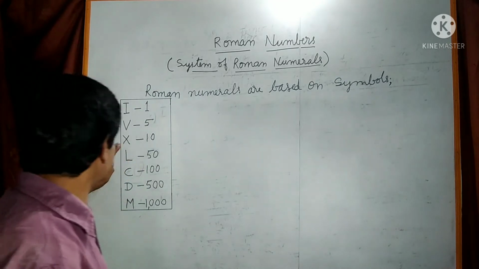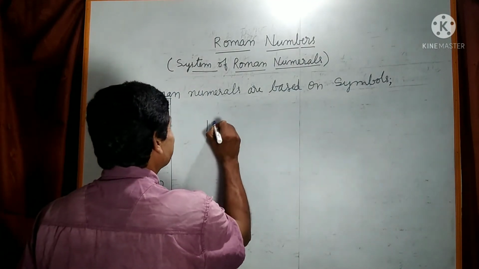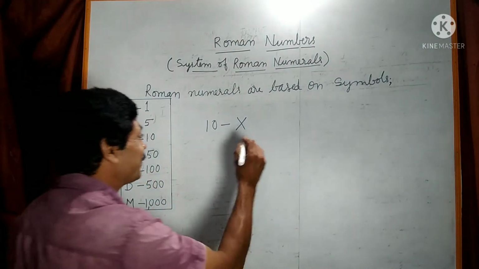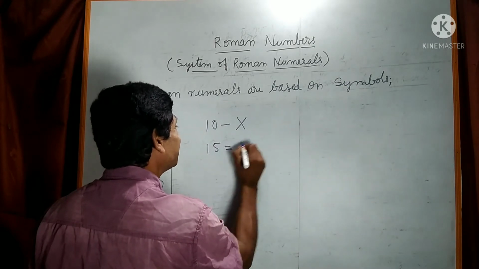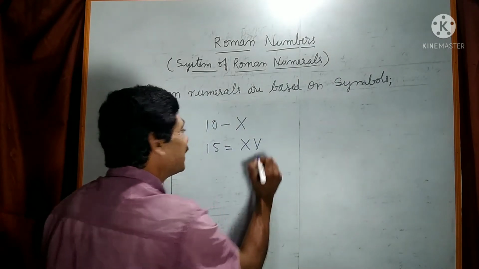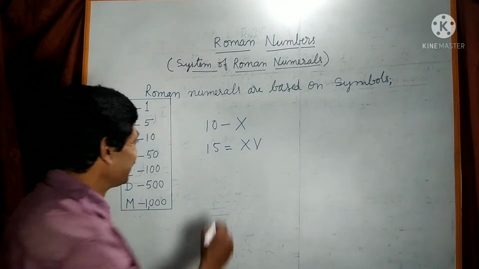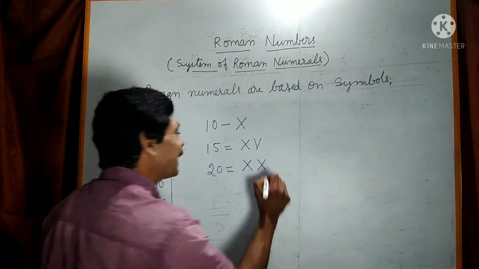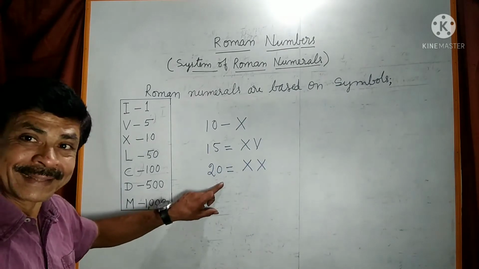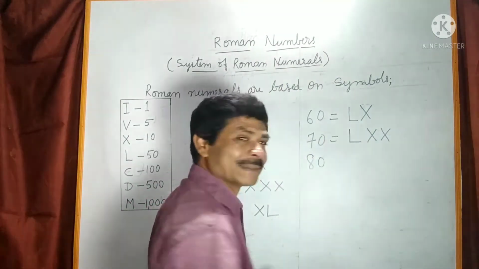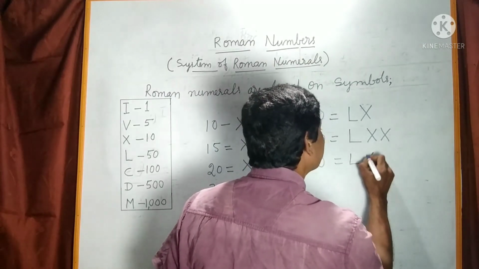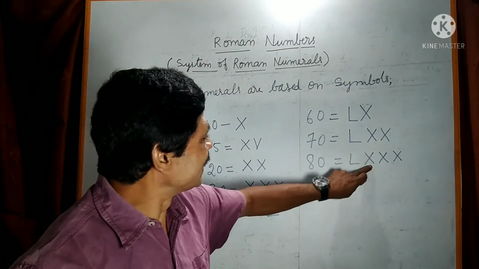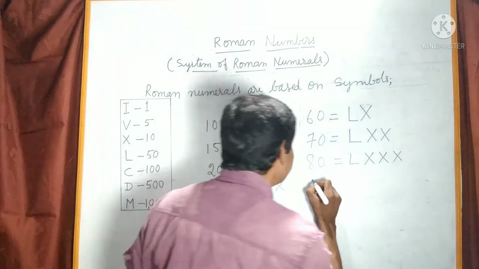You know 10 is already given here. 10 is nothing but X. Shall we write 15? 10 plus 5 is equal to 15. 20 is 10 plus 10, X plus X is equal to 20. 80 is equal to 50 plus 10 plus 10 plus 10. 50, 60, 70, 80. We'll write 90.